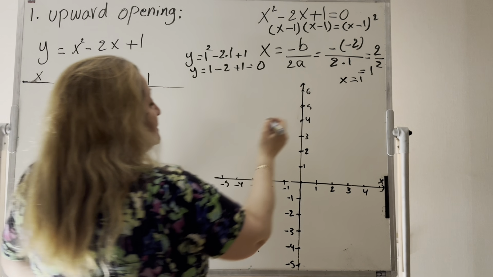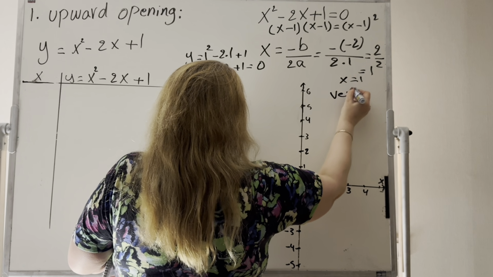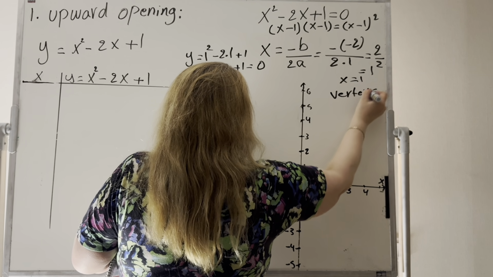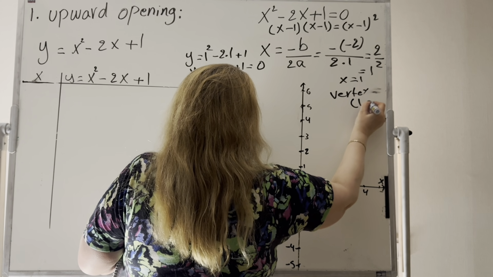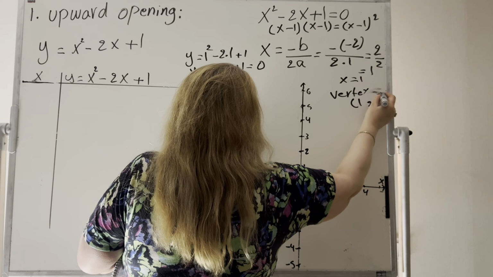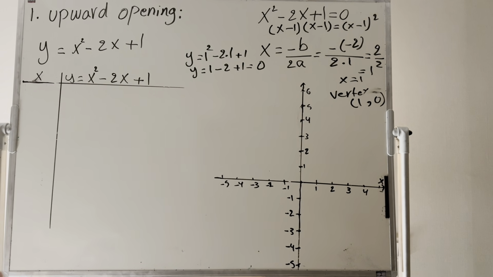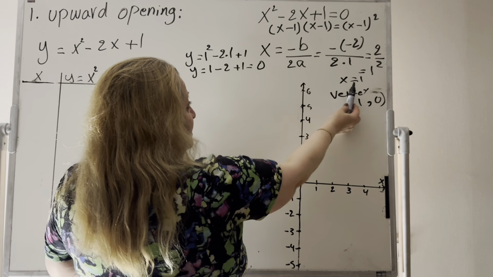So the vertex is at x equals 1 and y equals 0. And the symmetry line equation is x equals 1.